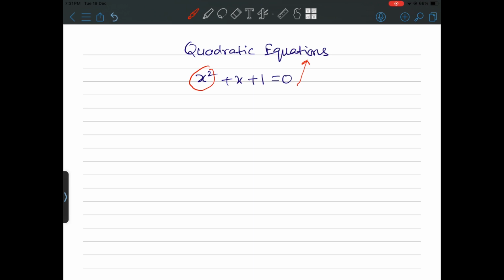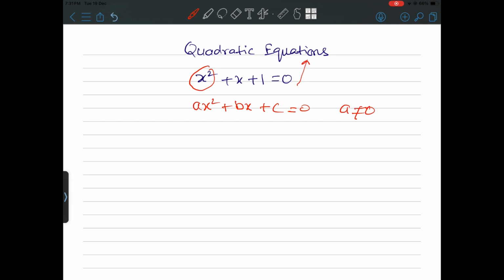So if you have any equation that has the highest power of x as 2, then that is a quadratic equation. And the standard form of a quadratic equation is ax square plus bx plus c is equal to 0, where a is not equal to 0.